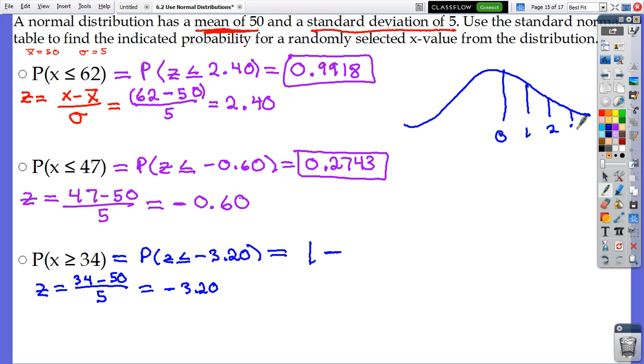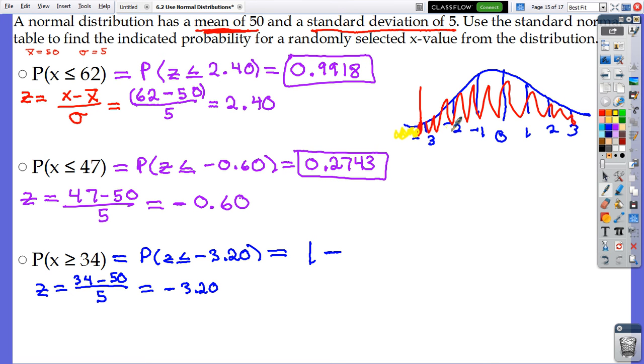So it goes something like this: 1, negative 1, negative 2, negative 3. So negative 3.20 would fall somewhere over here, and I want all the stuff that's greater than. The chart only gives me the stuff that's less than, which is this stuff over here.